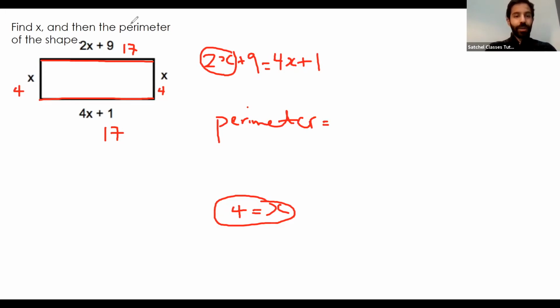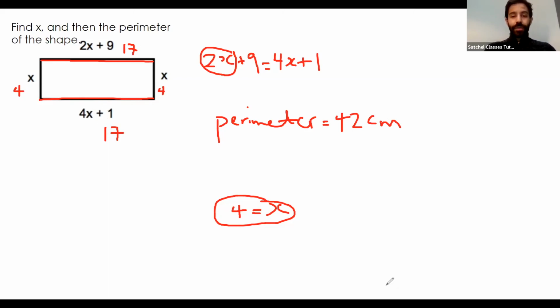Have I got that right? 34 plus 4 is 38, plus another 4 is 42 centimeters. So again, this time, as opposed to the first example, we weren't given the perimeter, so we just had to make sure we understand that the two sides are of equal length.